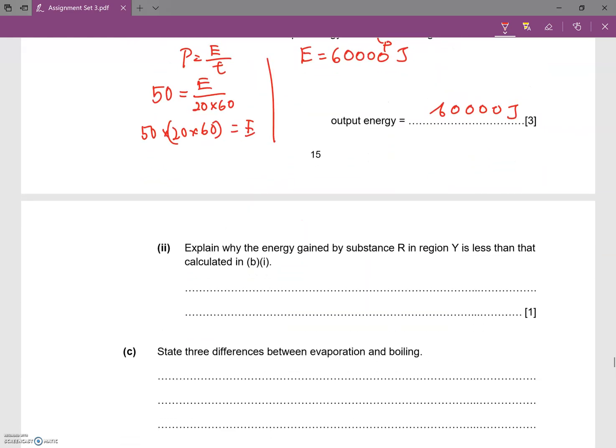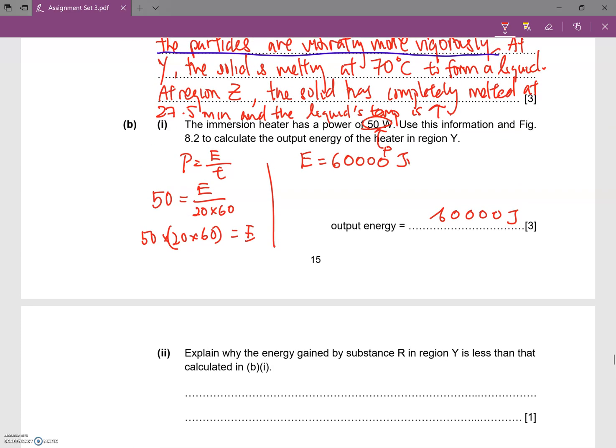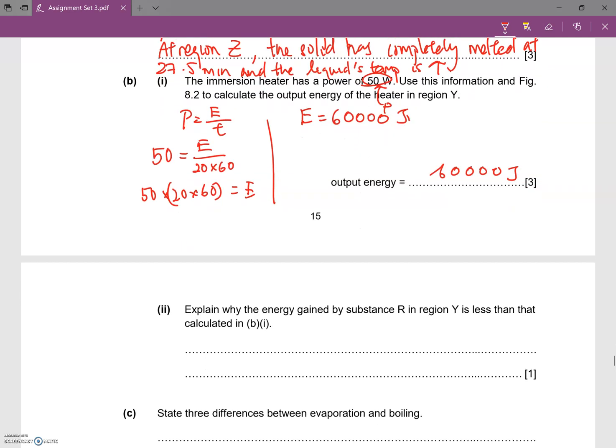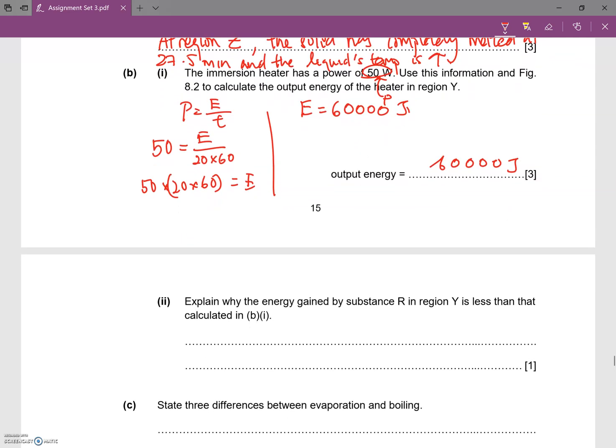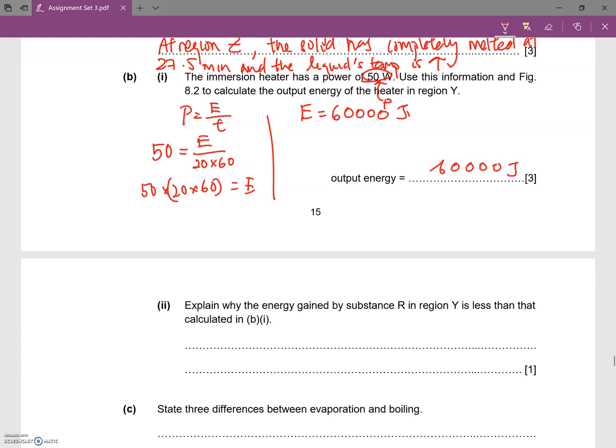Next part, explain why the energy gained by substance R in region Y is less than calculated in B part 1. In B part 1, we know that this is the energy output, 60,000 joules, but the energy gained by substance R is actually less than 60,000 joules.